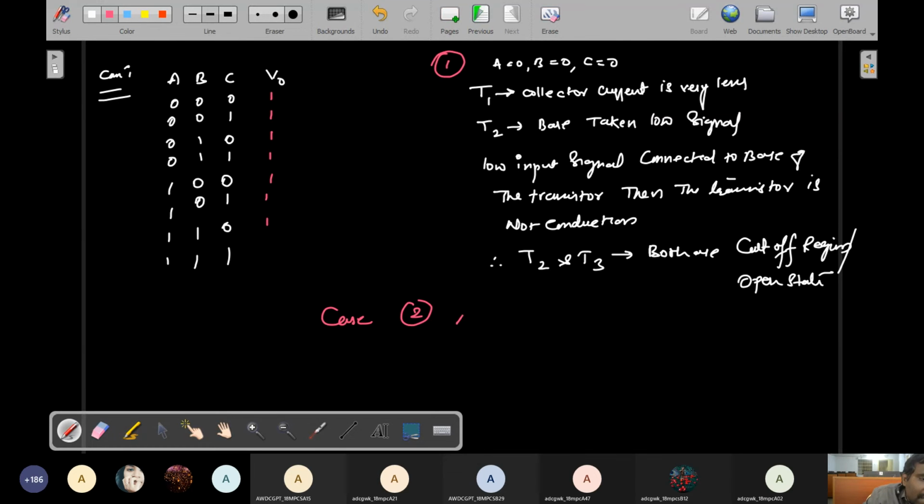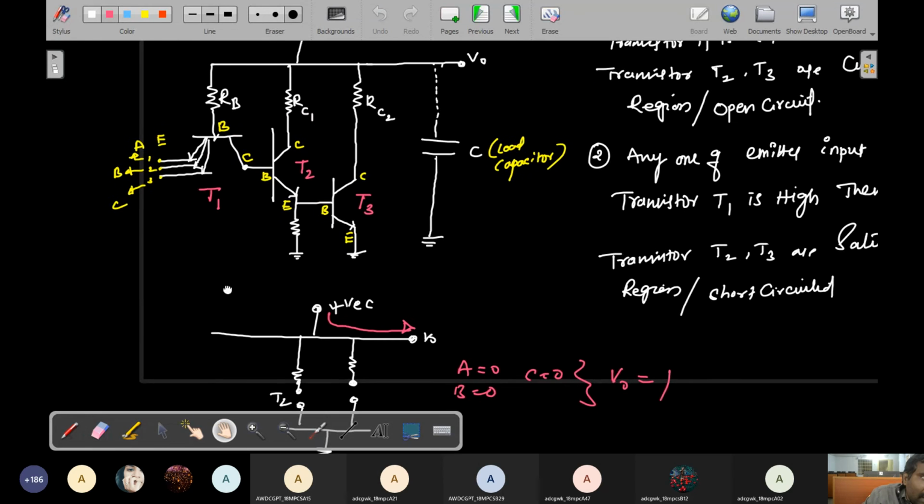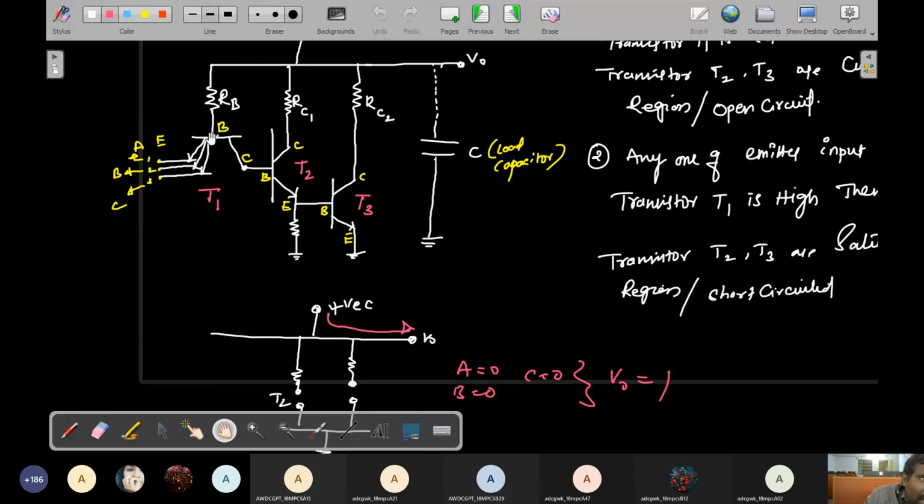And see case 2. In case 2, take A is equal to 1, B is equal to 1, C is equal to 1. So if all inputs are high, as in the previous diagram, what will happen? If all are high, the emitter is high, and the base-emitter junction is forward biased, so therefore it delivers a high collector current.